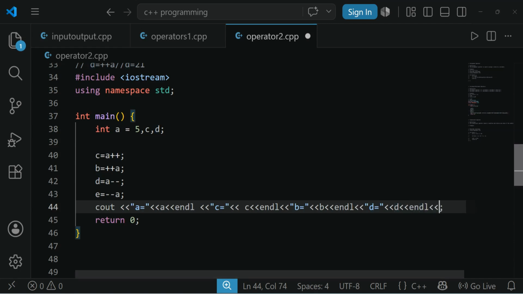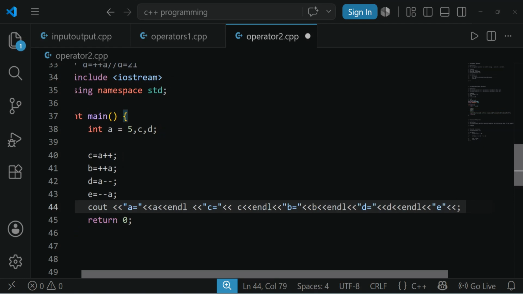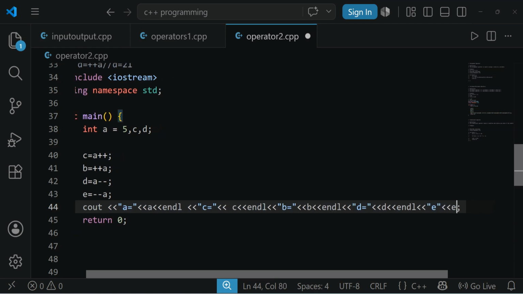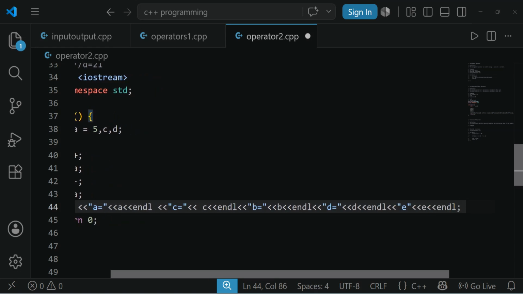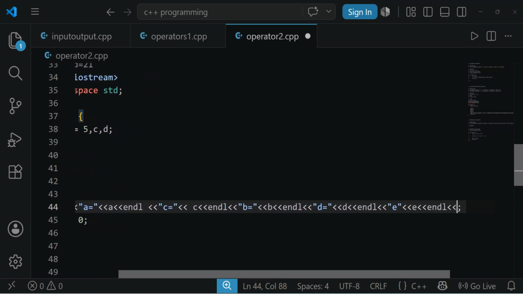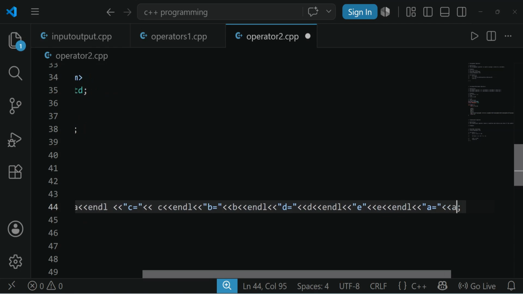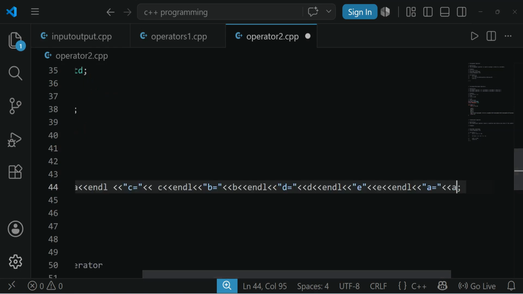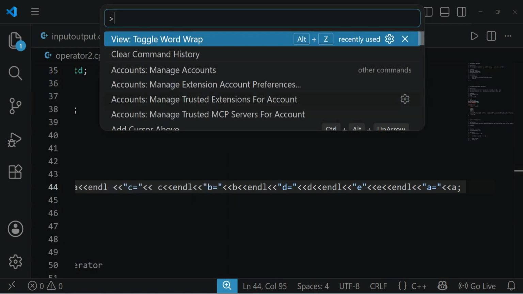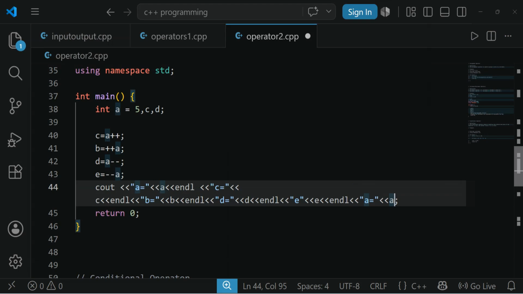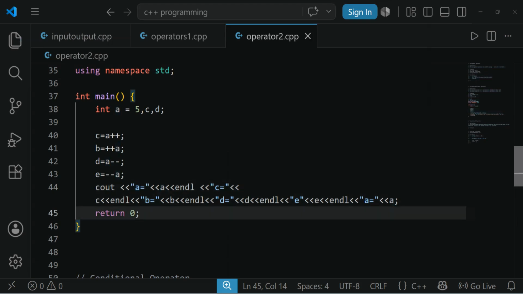And how many variables are there? We can simply write in a single line. There is no restriction for that. At the end we will write a equals to, yeah, it has reached the end. Go to settings, command template, toggle wrap. Okay, then it will be over here. Now let us save the program and run that.